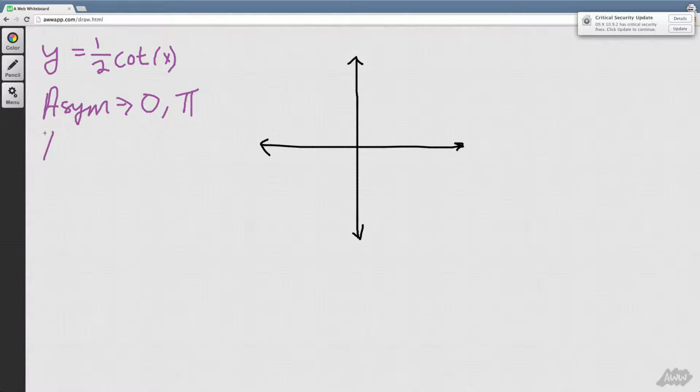Our period is pi. And our amplitude is 1/2.